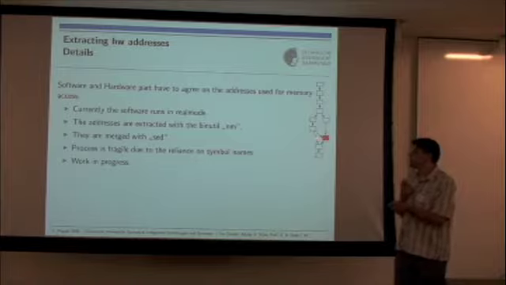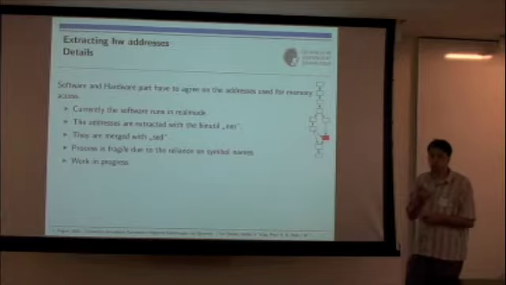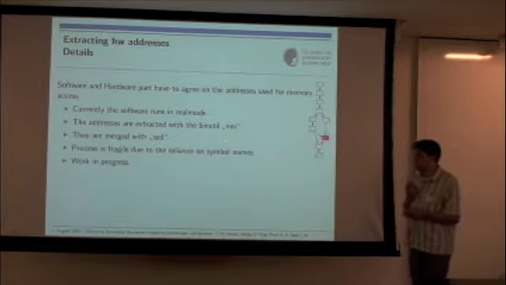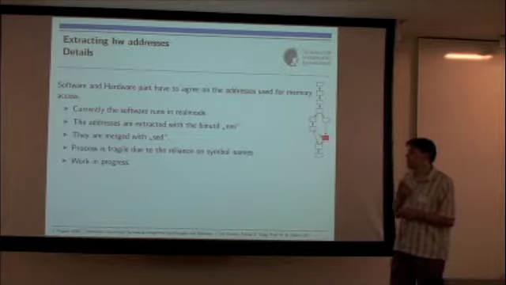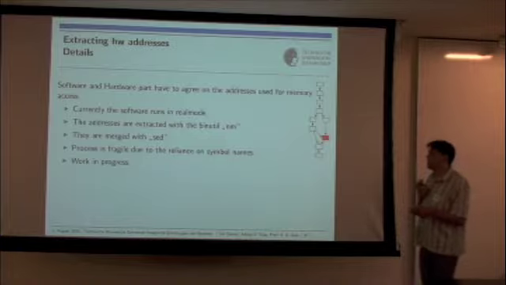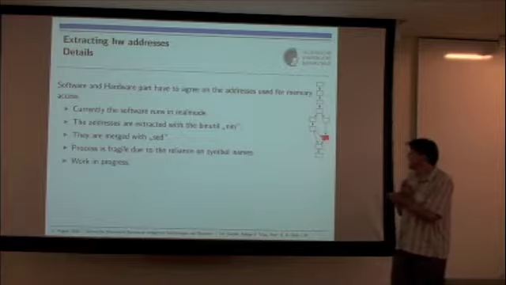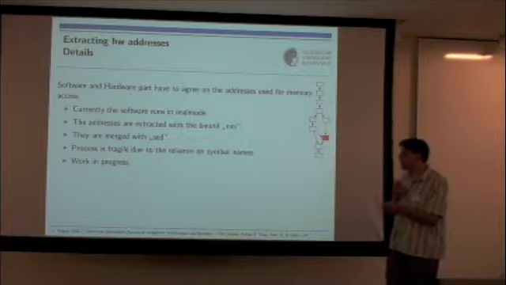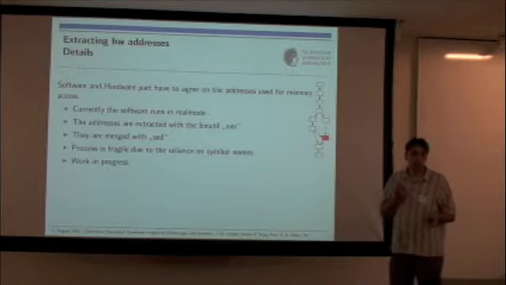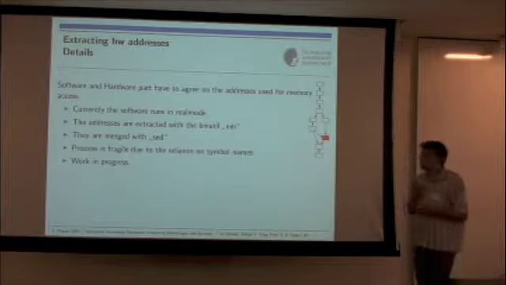Since we're currently running in real mode, we can just extract the memory addresses right off the binary with an M tool, a standard binary tool in the Unix environment. We're using the stream editor for merging the extracted addresses with the hardware backend, and after that, the hardware backend has also the same addresses as the software side.